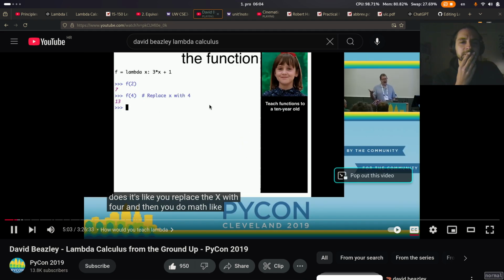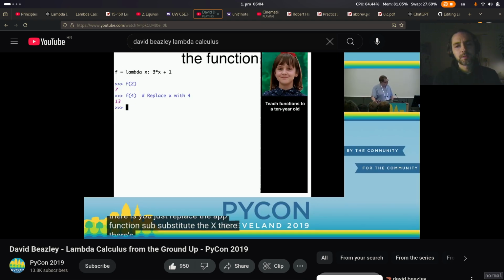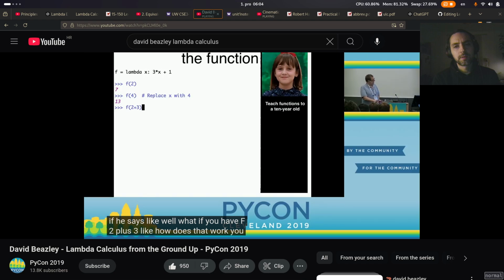And then you do math, like 3 times 4 plus 1. And you describe the function as, the whole thing that's going on there is you just substitute the x. There are some interesting things you could get into with a kid, like, what if you have f of 2 plus 3? How does that work?